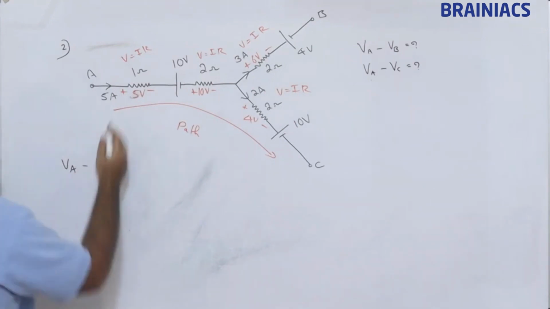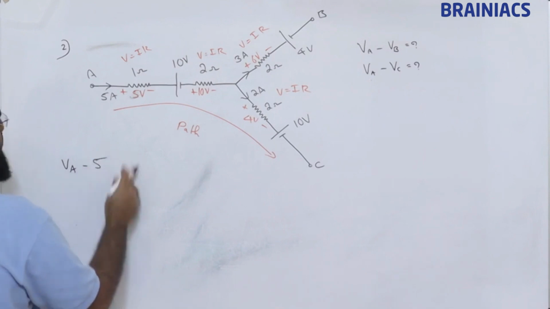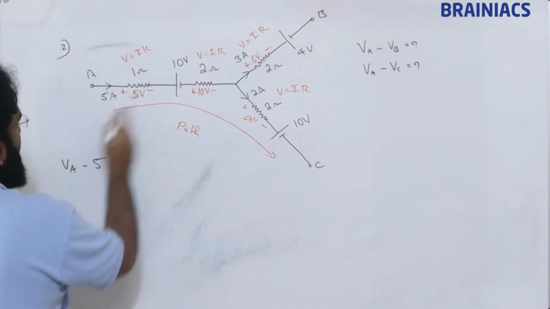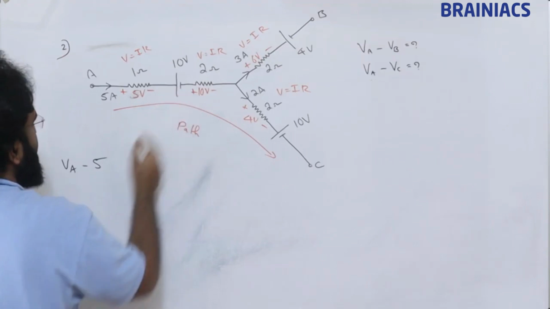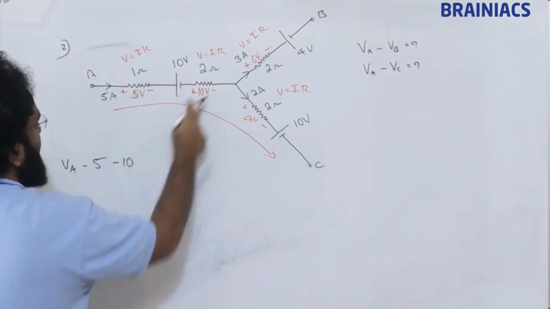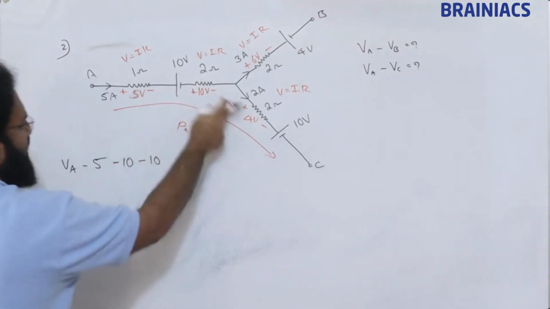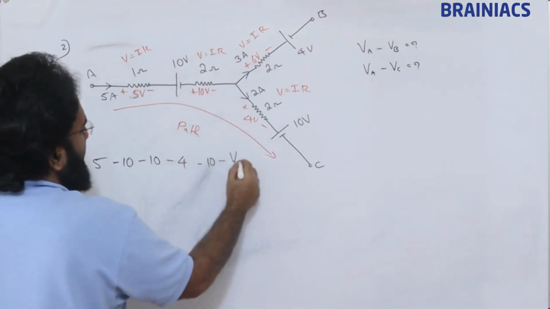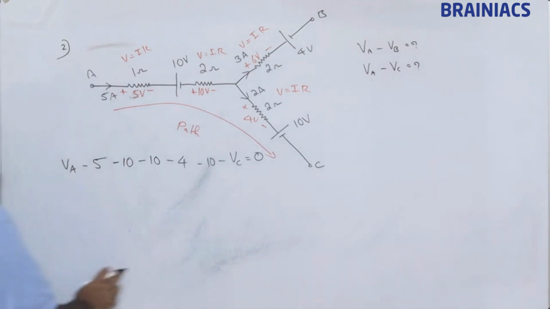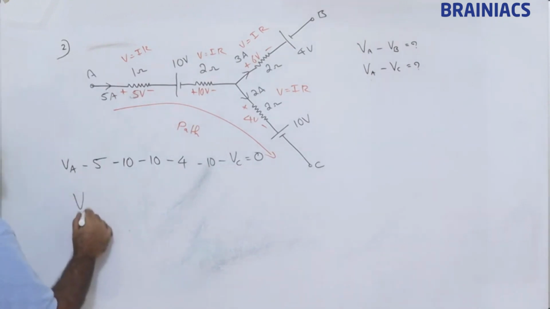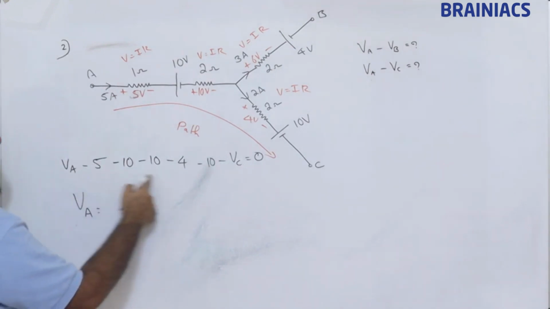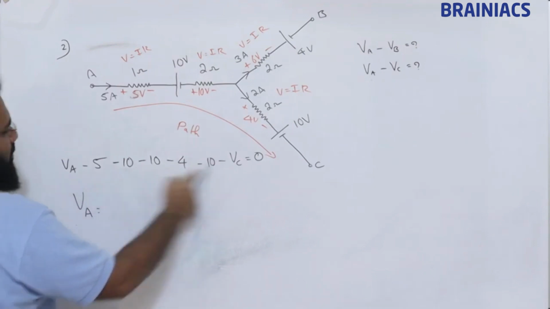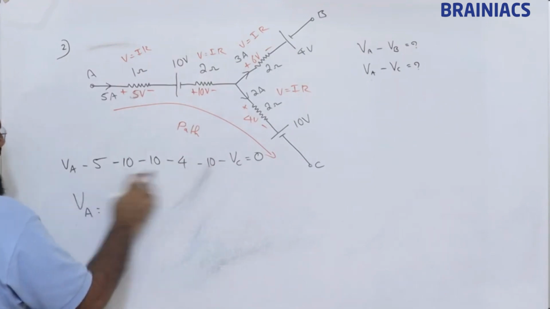So now VA minus 5, minus 10, minus 10. Here minus 4, minus 10, minus VC is equal to 0. So VA, this is going to be minus 39.